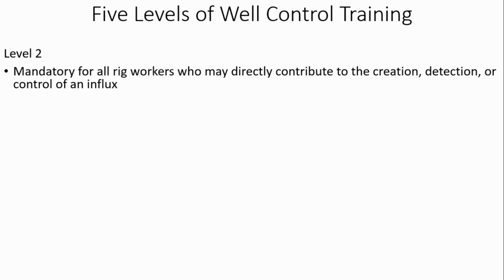The next one is level 2. It's mandatory for all rig workers who may directly contribute to the creation, detection, or control of an influx. So if your job is to walk on the tanks and notice, oh, I think we have a pit gain or a pit loss, or if you look at the shakers and say, I see the shakers are loading, which is a warning sign, or maybe alternatively, I might see that there's nothing on the shakers.